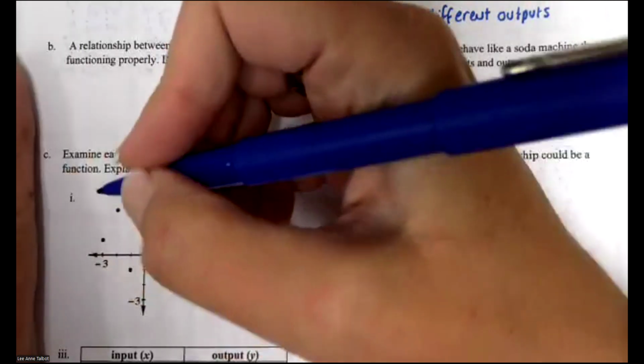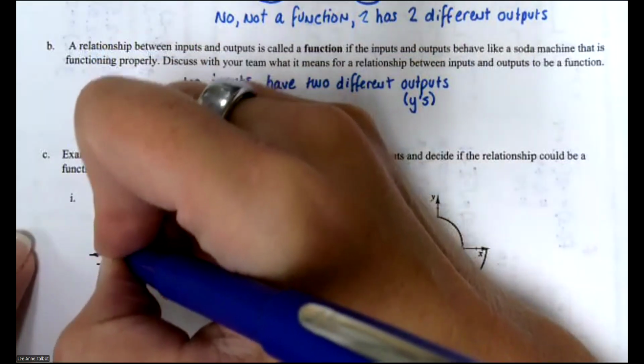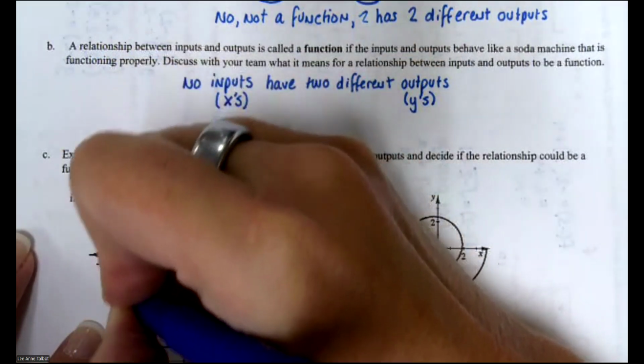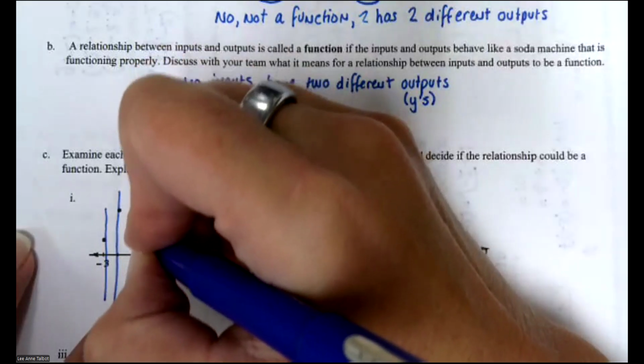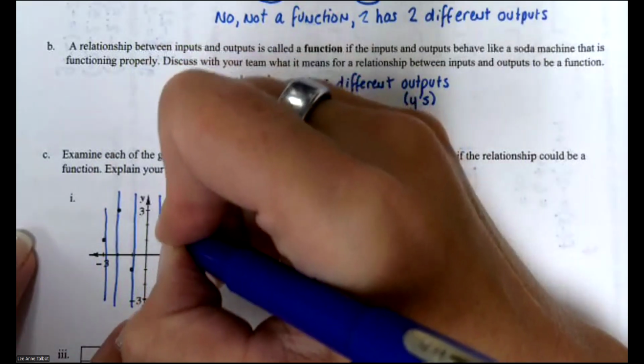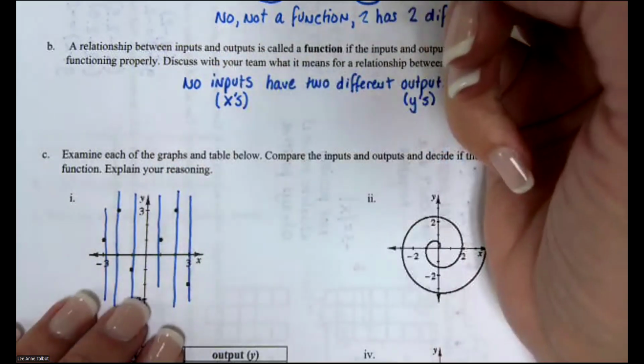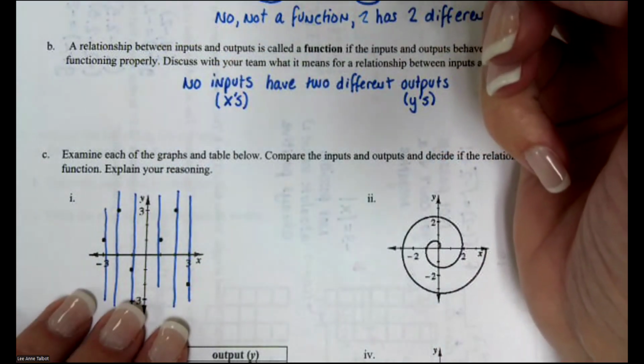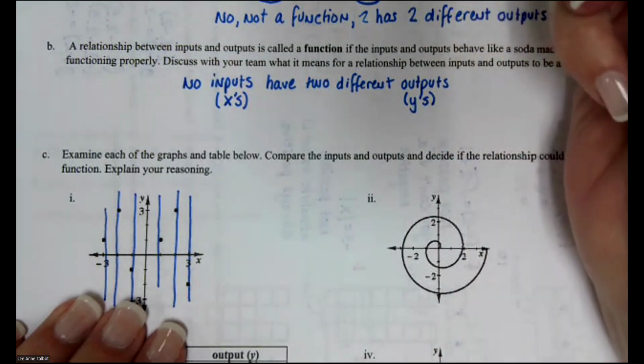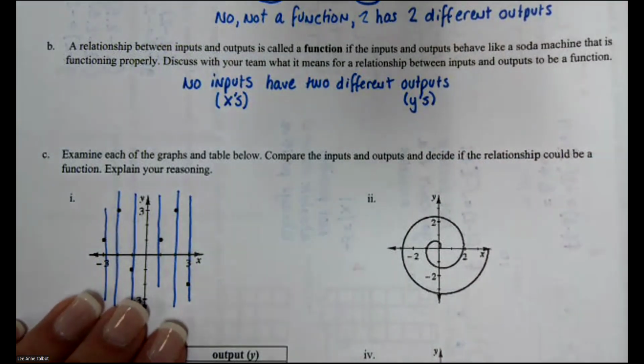Okay, what you do is you come to your graph and you draw vertical lines. On this first one, that's just going to be on the points that are graphed. And what you're doing is you're trying to see if any of your vertical lines touch two coordinates. Because if it does, then it's not a function. Like that was not a function.